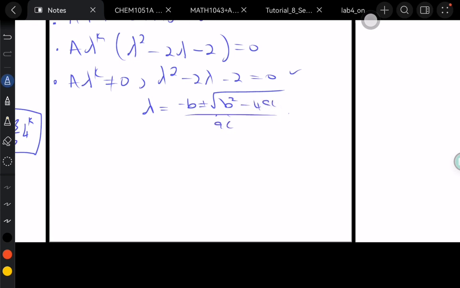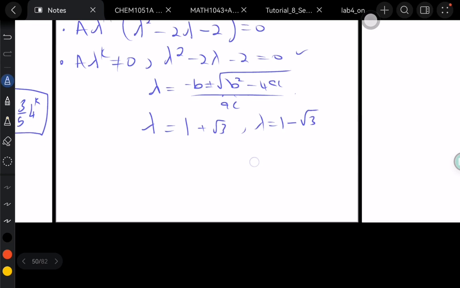You will use this formula. To simplify this, I got one lambda as 1 plus the root of 3, and another lambda as 1 minus the root of 3.